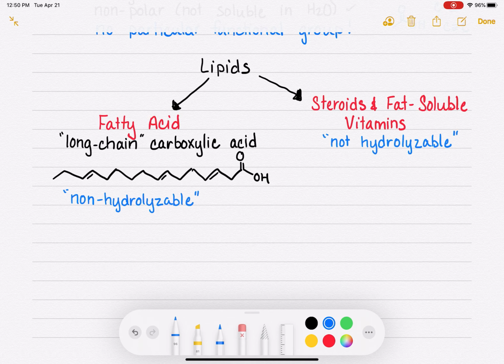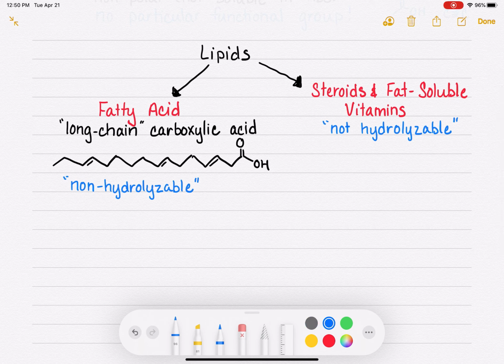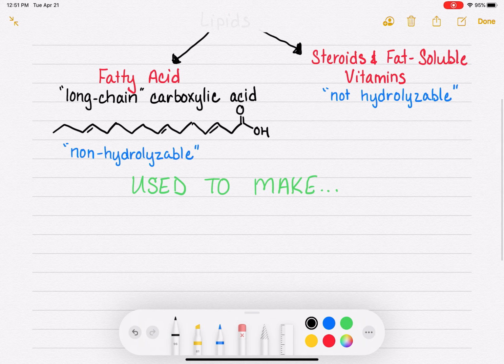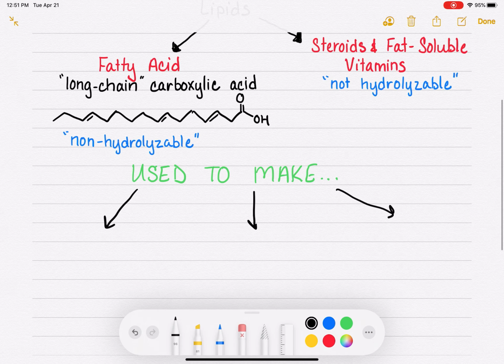Fatty acids inside of our bodies have a lot of purposes. We use them as building blocks to create a lot of different types of substances. So let's make this "used to make," and let's continue our little tree diagram here. Fatty acids are used to make 3 different types of substances.